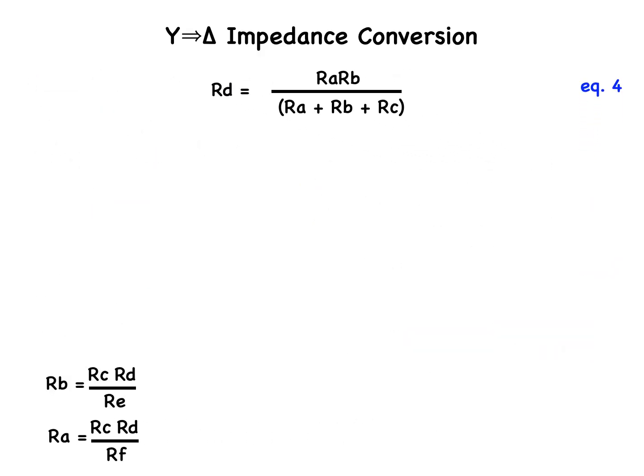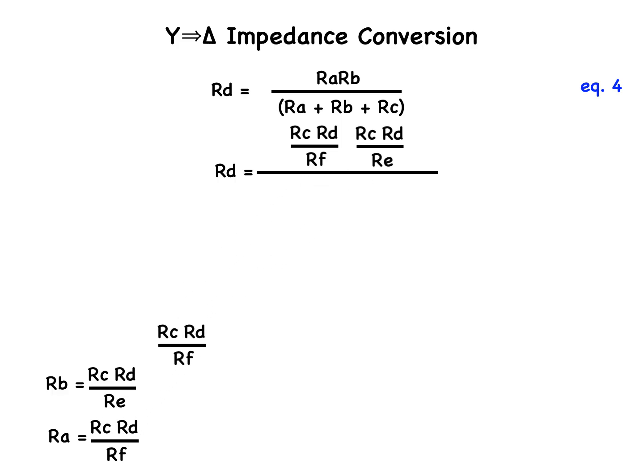Using equation number 4, we can replace the quantities RA and RB. RD would then equal this quantity. Dividing both sides of the equation by RD simplifies the equation slightly to this.